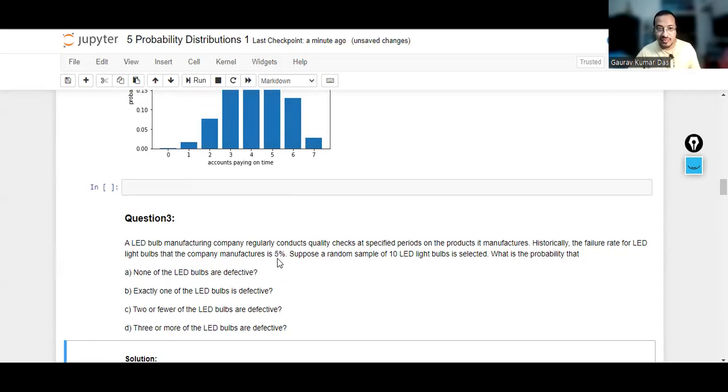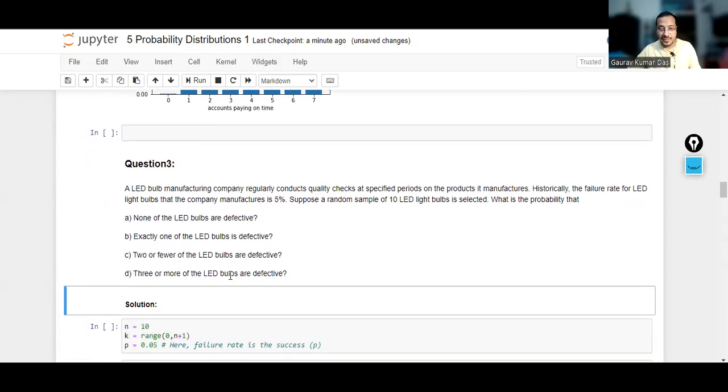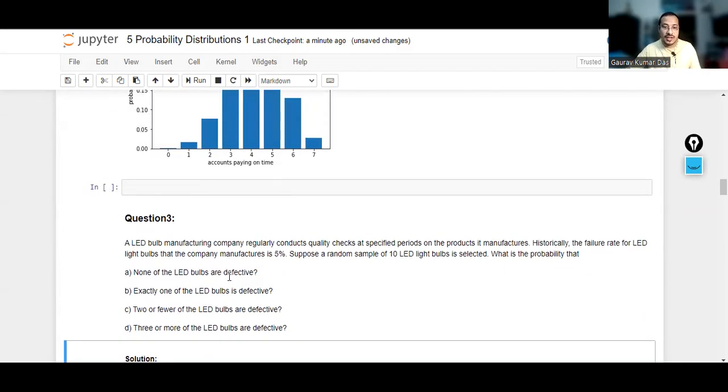So please be very careful. Whatever problem statement you are solving will determine the value of p. So p is 0.05 here, since 5% is 0.05.